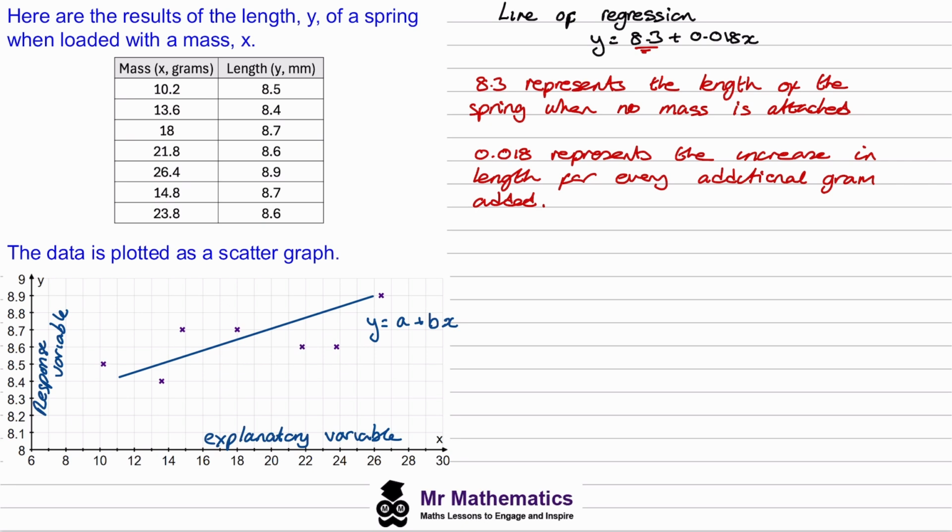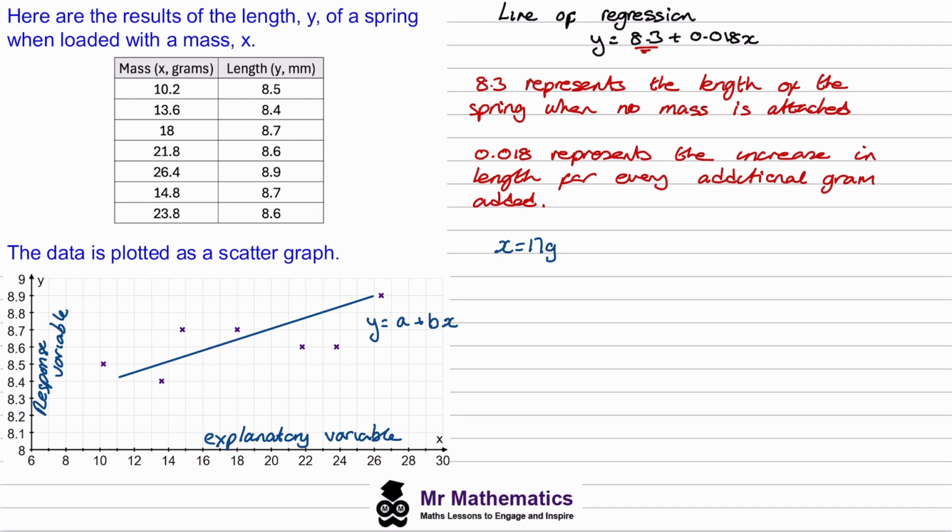And we can use our regression model to predict the extension for any mass within our given range. So say for instance we had a mass of 17 grams. Well, the 17 is within our data range between 10.2 and 26.4.